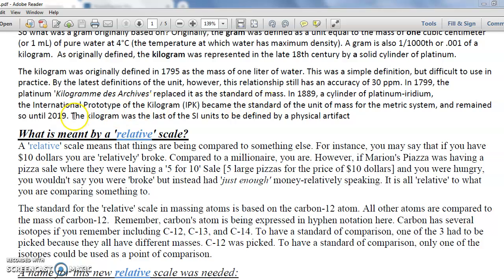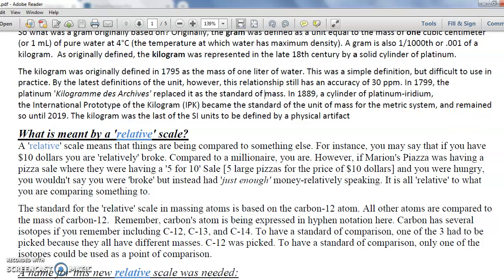And that remained in place all the way through last year, or 2019. The kilogram was the last of the SI units to be defined by a physical artifact. What they mean by that is they have physically something there that says this is what represents it.